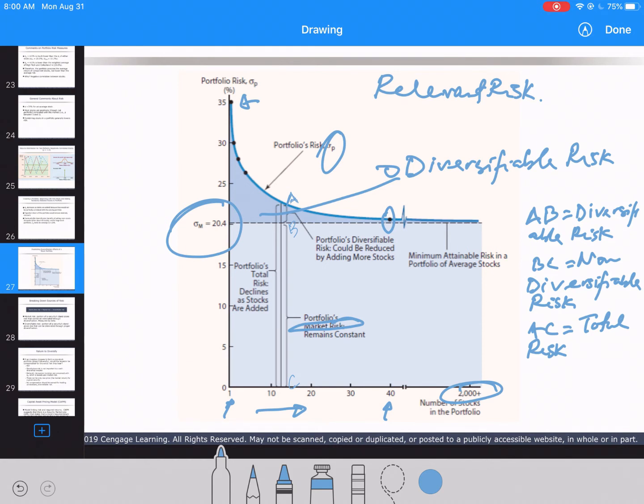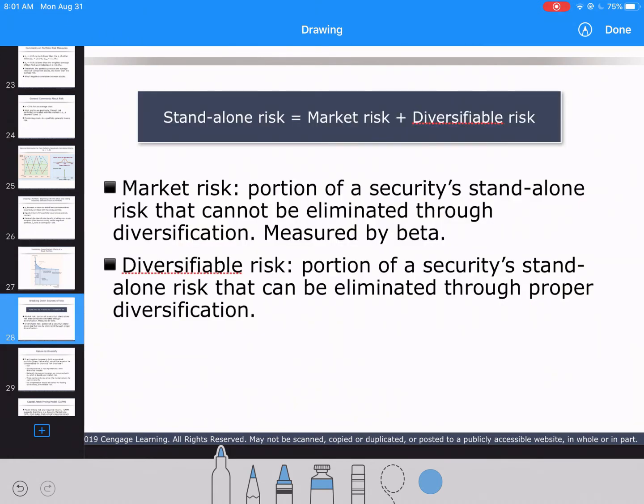What should be my return? It should be based not on total risk, not on irrelevant risk, but on relevant risk, which is basically market risk. And this is the definition of diversifiable risk and market risk. So please take care of this closely.